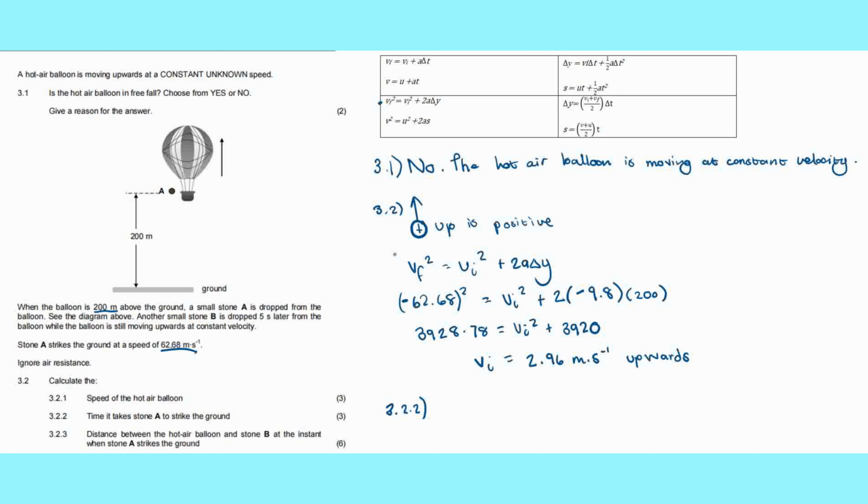We want to know the time taken for stone A to strike the ground. Well, we know stone A's acceleration, we know its final and initial velocities, so we can use this equation of motion to calculate the time it takes stone A to strike the ground.